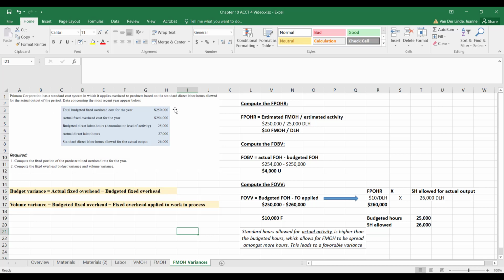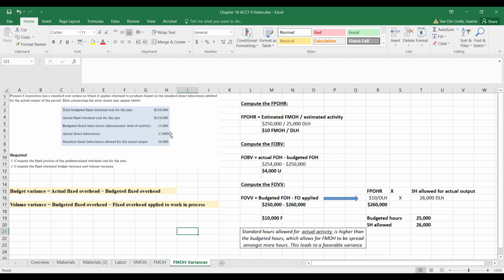We have total budgeted fixed overhead costs of $250,000 for the year, actual fixed overhead of $254,000, budgeted direct labor hours of 25,000, actual direct labor hours of 27,000, and then the standard direct labor hours allowed for the actual output of 26,000.